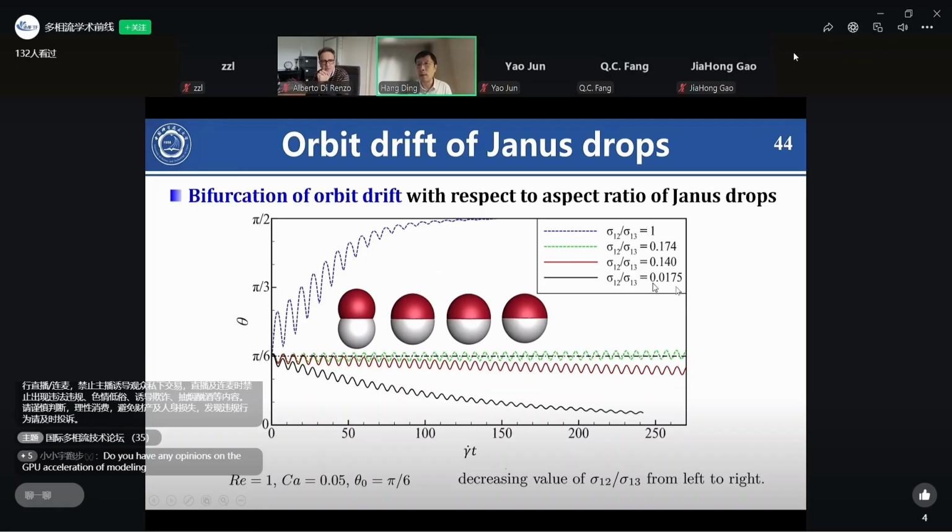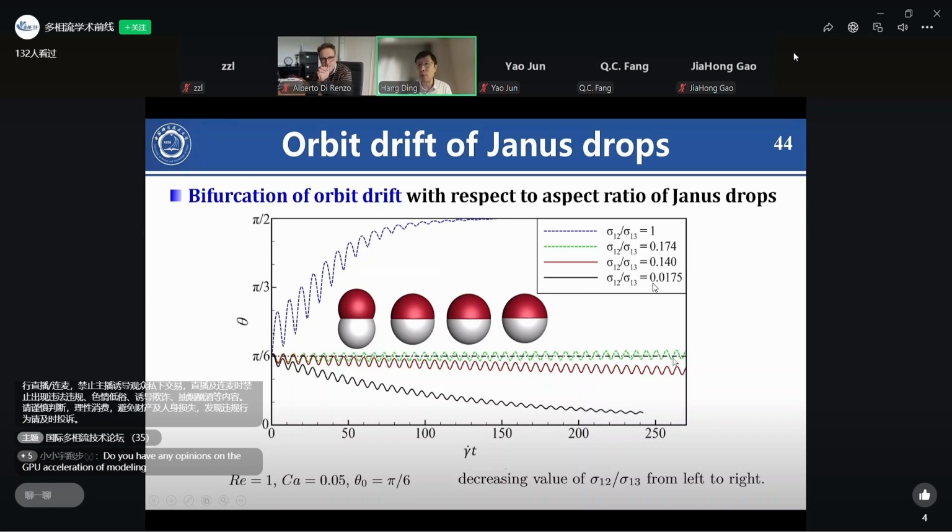For this nearly spherical shape, it oscillates and goes down, down, down. Although it doesn't reach 0, we can see it approaches 0 asymptotically. But for the aspect ratio in the middle, like these two shapes, you can see its evolution is very slow.